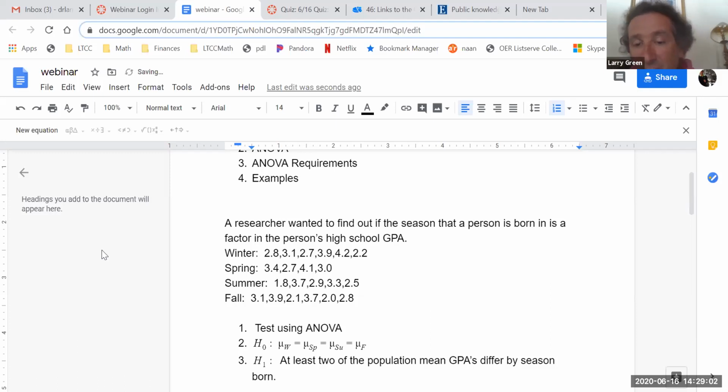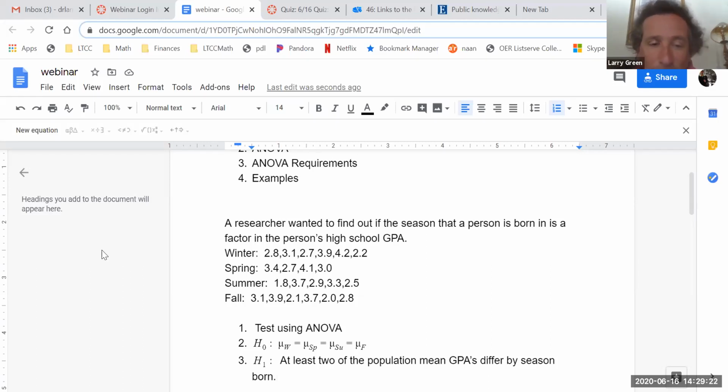So there's at least 2 seasons that have different GPAs, whereas maybe the others are the same. 2 could be the same, 2 could be different, and then you could have 3 the same, 1 different. They could all be different, but as long as there's a pair that differs from each other, then they're different.